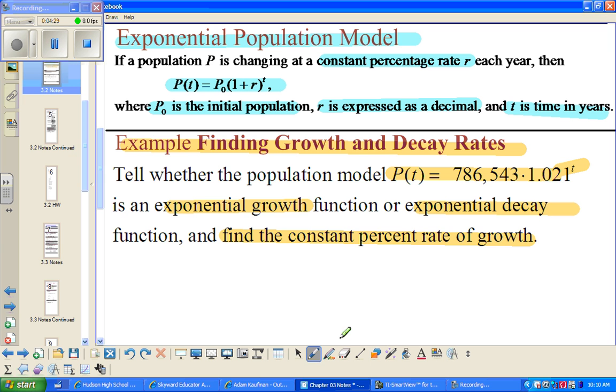So what we're going to look at here is the value right here.